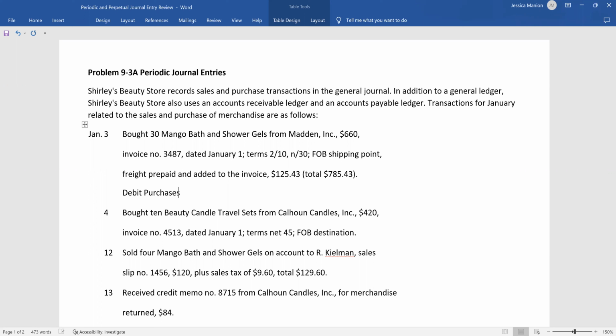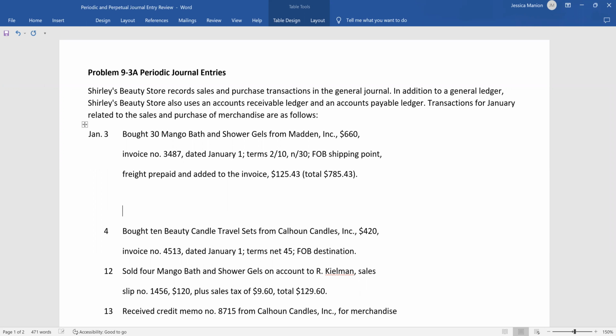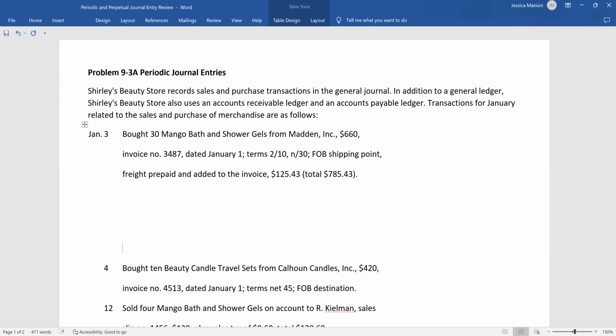Okay, so on this one, we are going to debit purchases. It's being funky and it's not letting me tab, but that's okay, I am going to write this. Let me get my drawer pulled up here. Okay, so we're going to debit purchases, because this is the periodic system. We're going to debit purchases for $660.